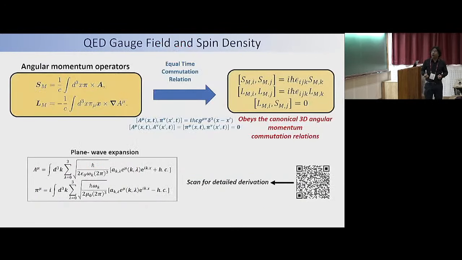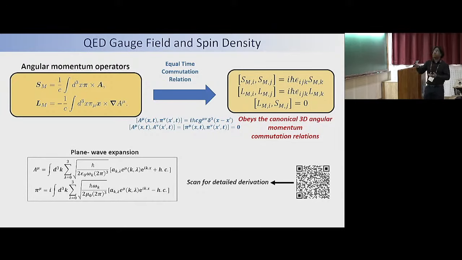So now, once you get this, we impose the equal time commutation relationship on the vector potential and the canonically conjugate momentum. If you impose this, you end up getting the 3D canonical angular momentum commutation that we do expect to see from, say, Dirac particles.